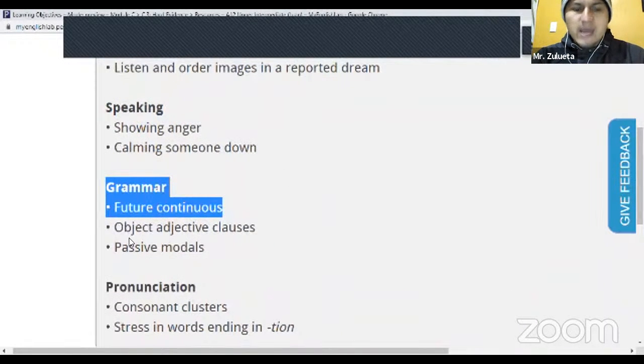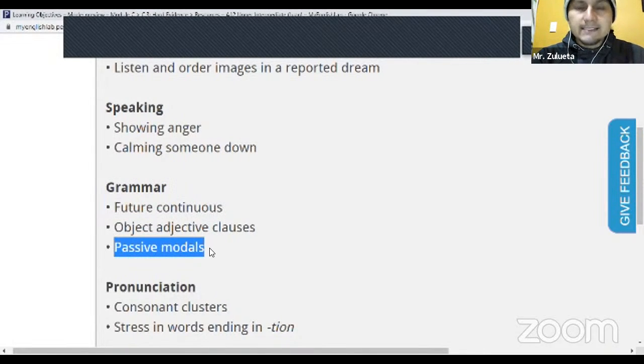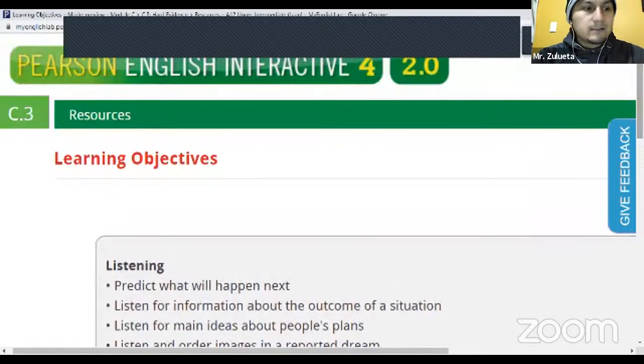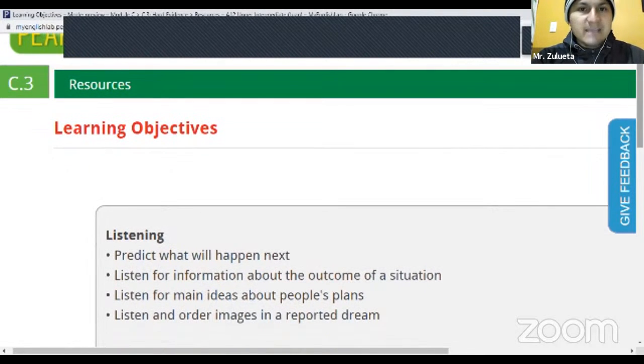We also have time to look at the passive modals, at least half of them. I believe we have the correct amount of time for the given activities, so I do not want to stay behind.